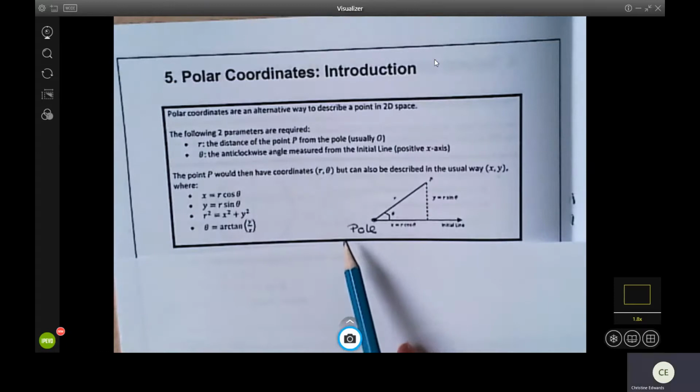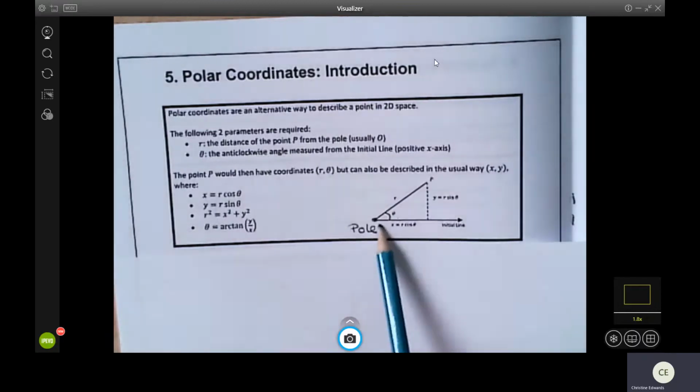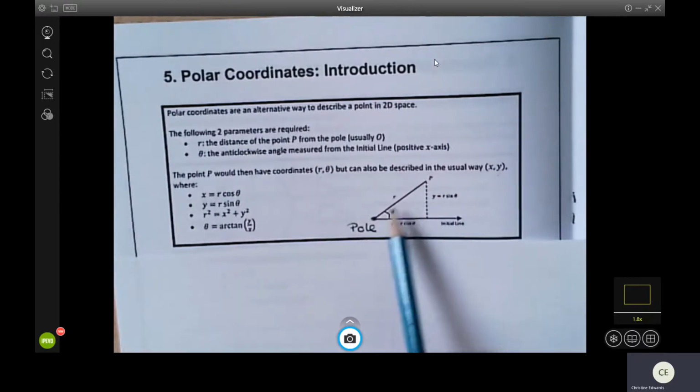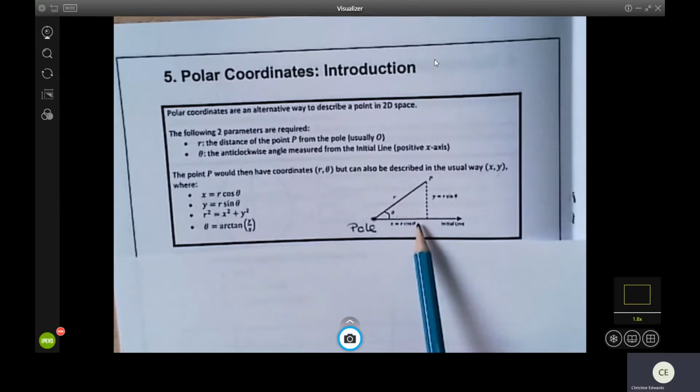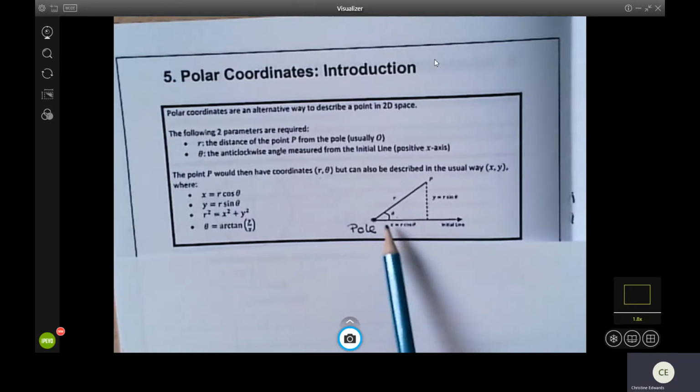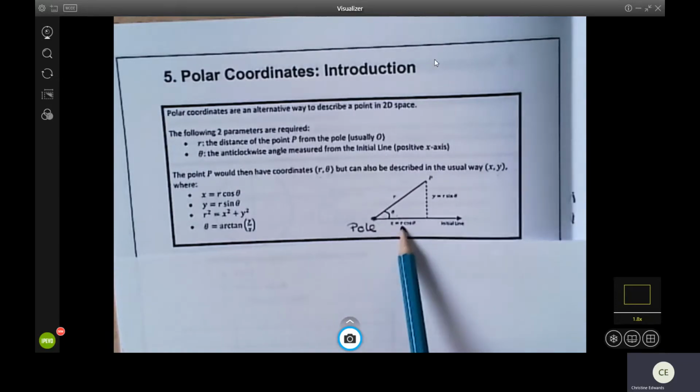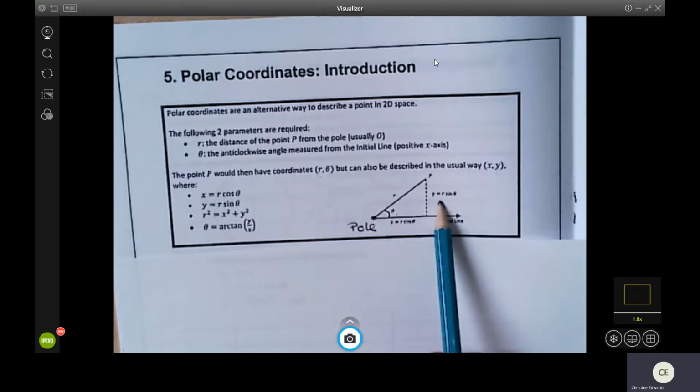For the purpose of this video, what we're going to be looking at is converting between polar equations and Cartesian equations. In order to be able to do that, we base our working on the right angled triangle that we've got here. You can see from the right angled triangle that my x coordinate is equivalent to r cos theta, and my y coordinate equivalent to r sin theta by using your trig.